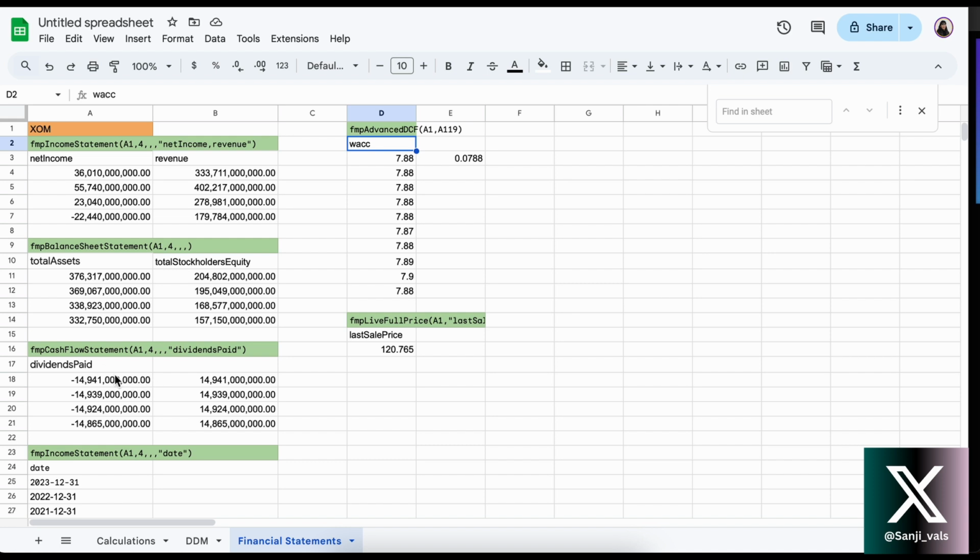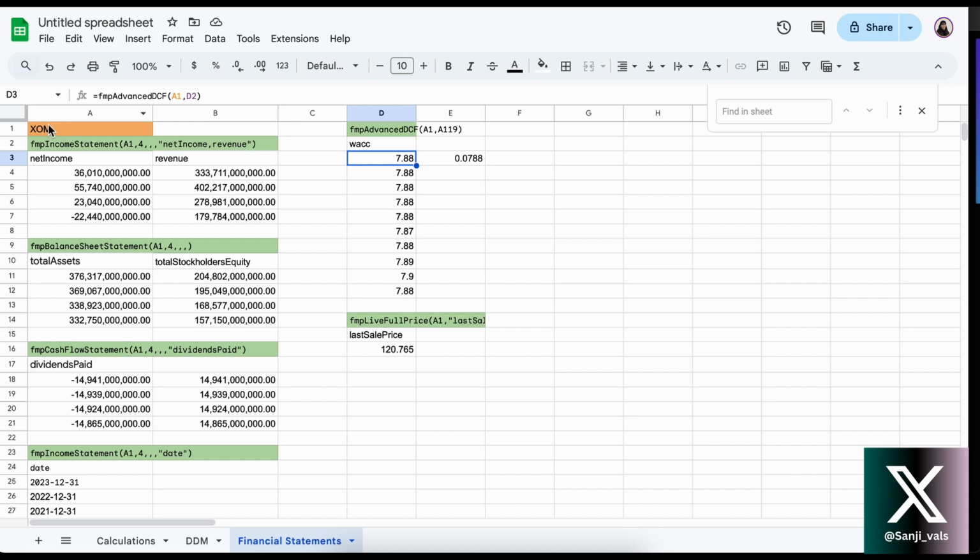And here one important thing, when I was extracting dividends, you see that's a minus sign because the company was paying dividends. The money actually went out of the company. And I simply multiply it by -1 to make this number positive, just for the purpose of our calculation, because we require a positive number. And as you can see, the formula is straightforward as well for dividends, FMP advanced DCF, because I'm using the DCF endpoint.